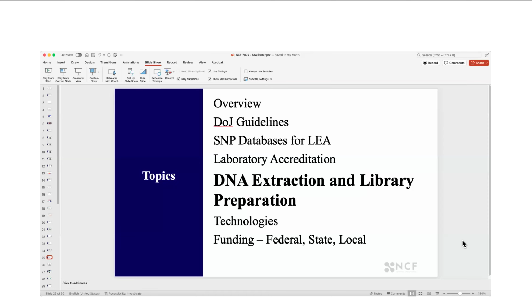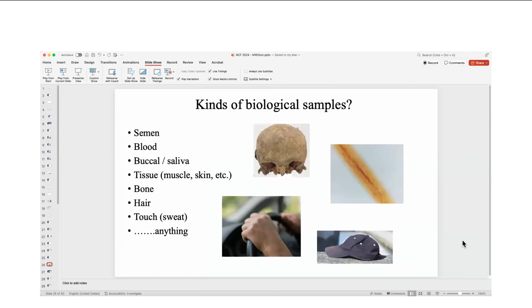Okay, now a little bit into the technical requirements and some of the pitfalls: DNA extraction and library preparation. So what kinds of biological samples can be used? Well, it turns out that really anything with high enough quality and enough DNA will work. And as time has gone on and technological improvements have been developed, more and more DNA information can be obtained from smaller and smaller and highly degraded samples.